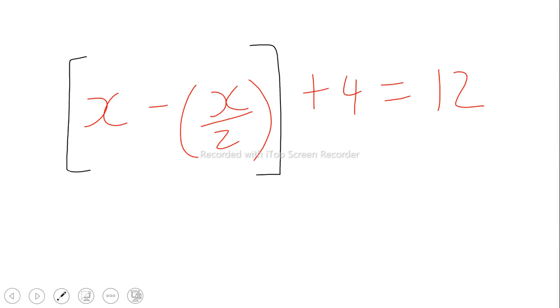Okay, this is interesting. So we have to subtract these two expressions here. How will we do that? What is X minus X over 2? I think that's straightforward.